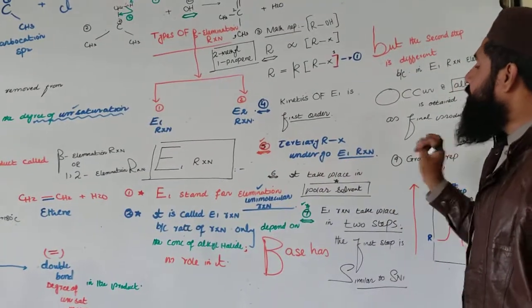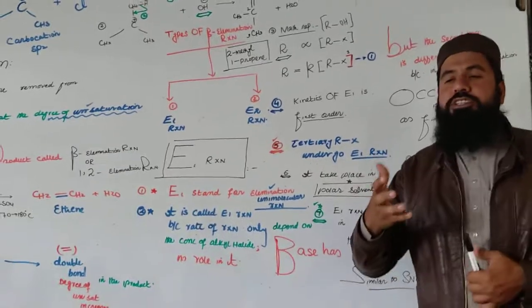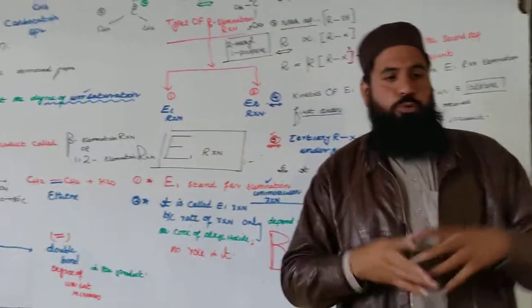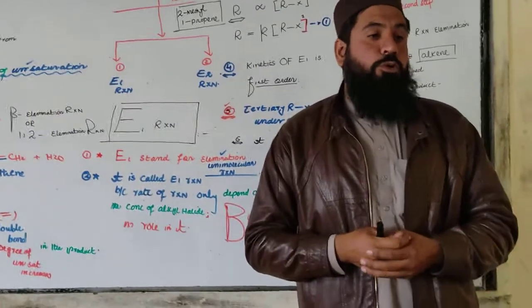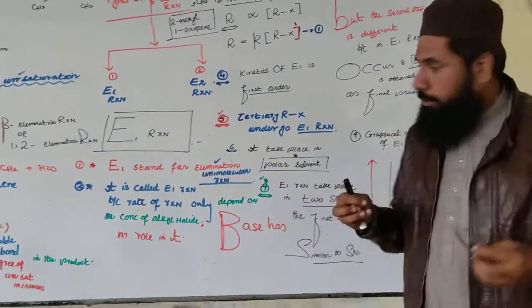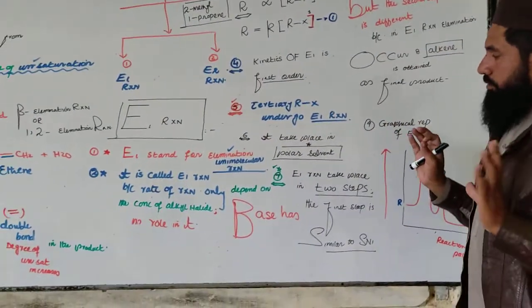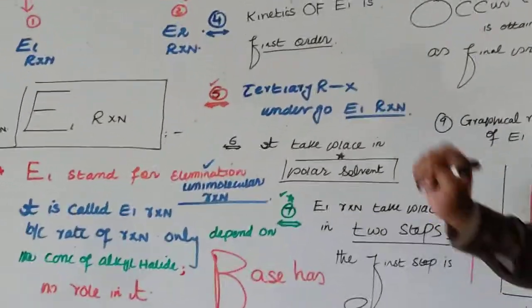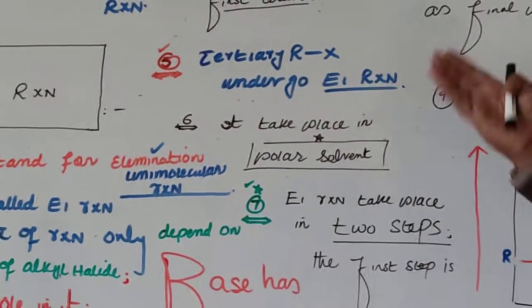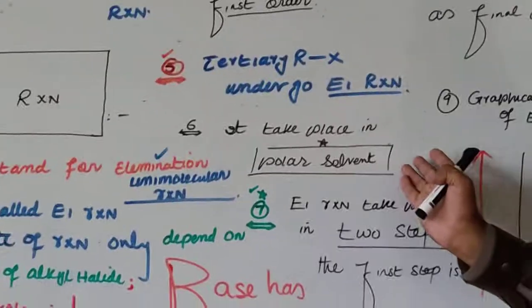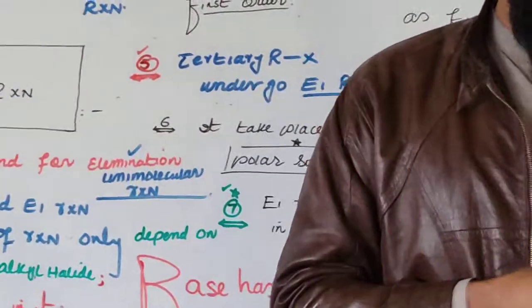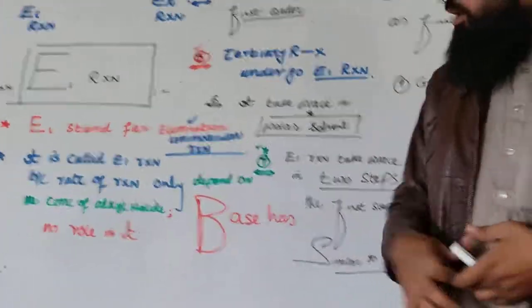Tertiary alcohols or tertiary alkyl halides undergo the E1 mechanism. That is the most important thing: tertiary alkyl halides or tertiary alcohols undergo E1 reaction.